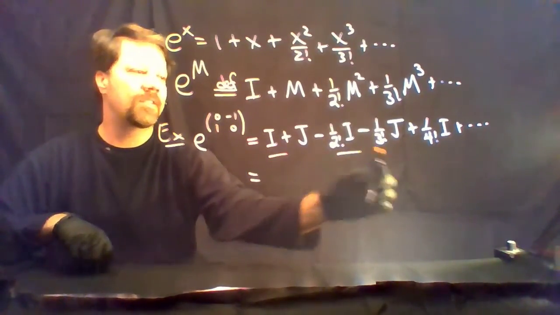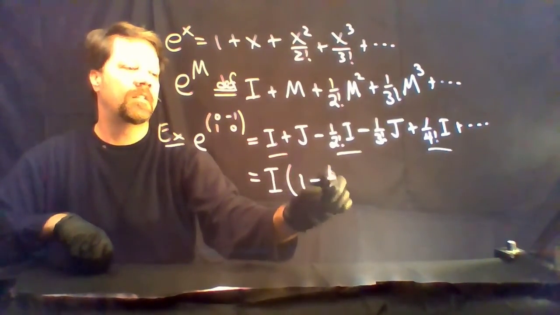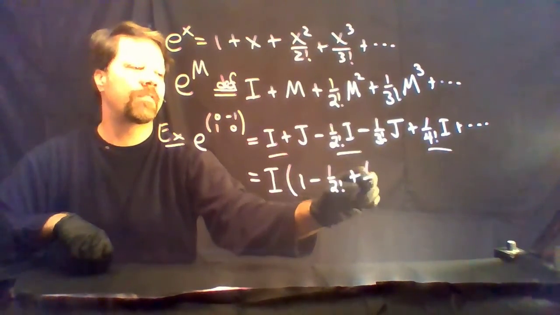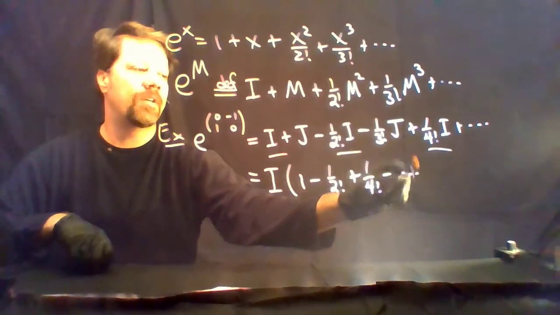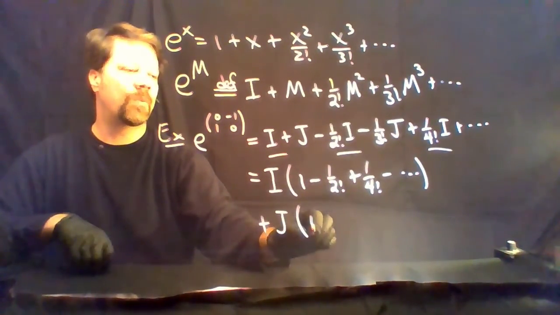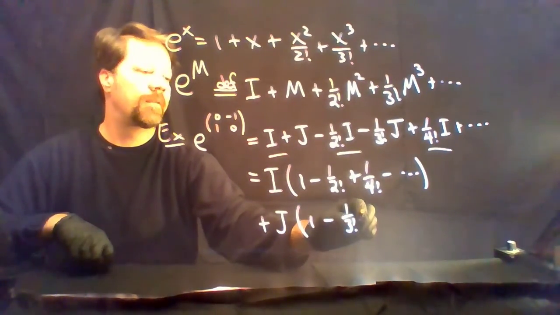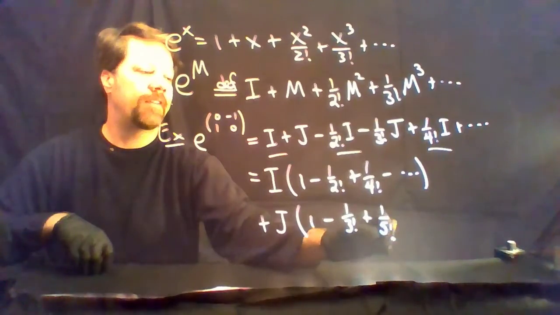All the I's can be put together: I times 1 minus 1 over 2 factorial plus 1 over 4 factorial, and so on, plus J times 1 minus 1 over 3 factorial plus 1 over 5 factorial and so on.